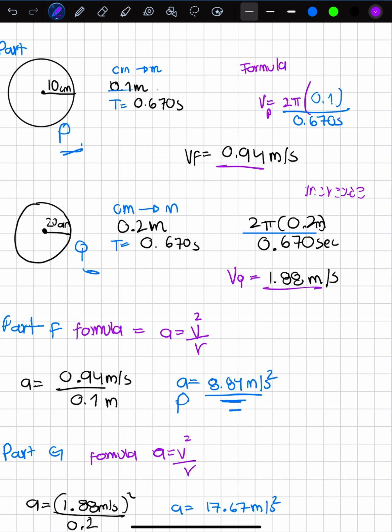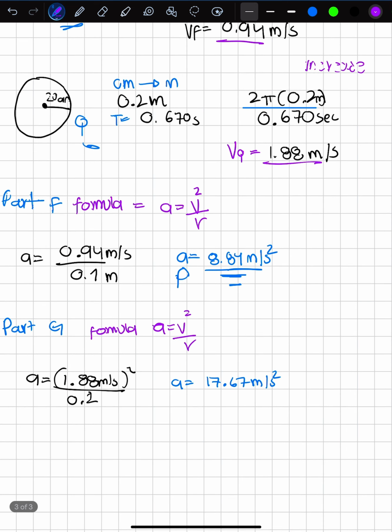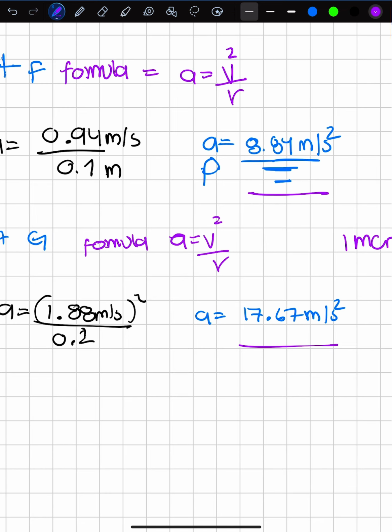Now let's look at the centripetal acceleration. This is point P and this is point Q. Did it increase or decrease? To me, it seems like it increased as well. So our answer is that both the speed and the centripetal acceleration increase. So let me put that here.